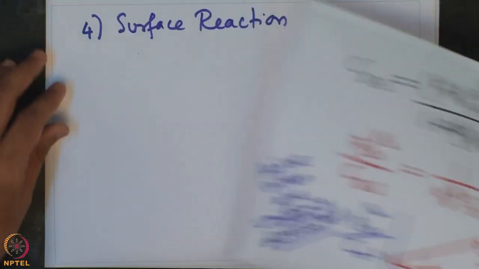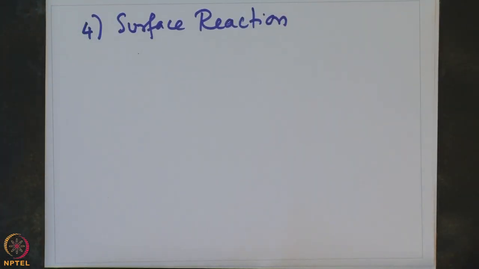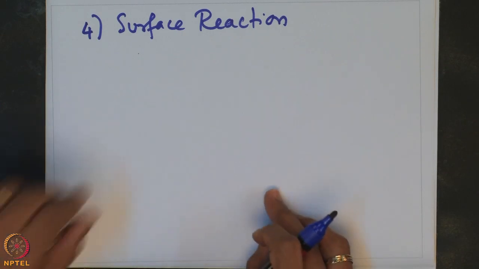So, let us now move on to the fourth step in the catalytic reaction process, which is the surface reaction. Now the question is, how do you find the rate at which the surface reaction happens? If I am able to relate the rate to the concentration of the adsorbed species or the concentration of the measurables, then I have found a way by which I can quantify the surface reaction process.